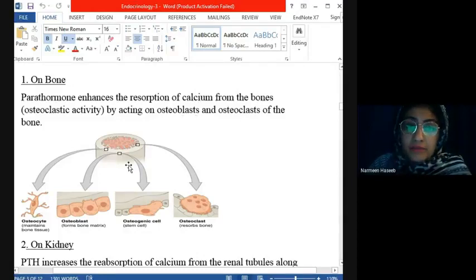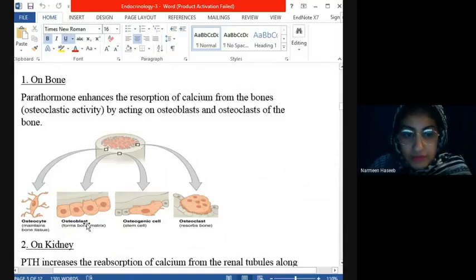Now, I am very sure you are going to ask me what osteoclasts and osteoblasts are. I know you must have studied this previously in your anatomy, but just as a reminder, I have put a picture over here of osteocyte, osteoblast, osteogenic cell, and osteoclast. These are all bone cells.